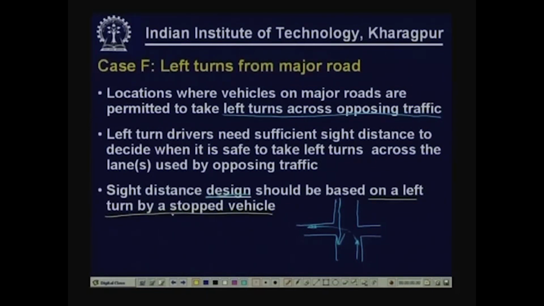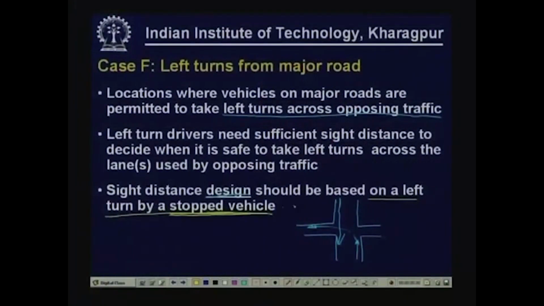Now, why is it a stopped vehicle? The reason is, if a vehicle is in motion, then it will normally require a lesser side distance as compared to a vehicle which is stopped. So, therefore, for design consideration, it is considered that a vehicle is taking left turn and that vehicle is a stopped vehicle.